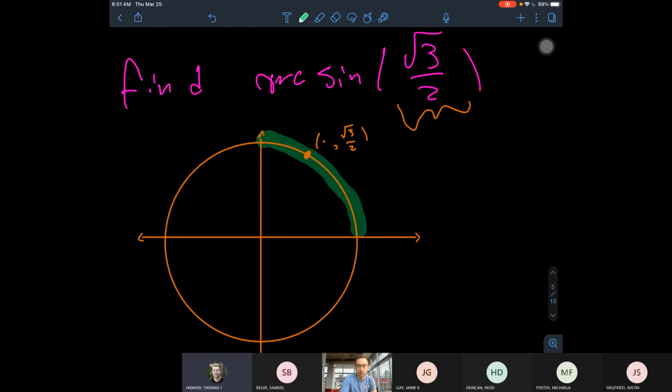Look for its inverse. Well, yeah, we want to ultimately find that angle. That's true. So I'm ultimately interested in, what is the angle which points at that place? That's what I want to know.